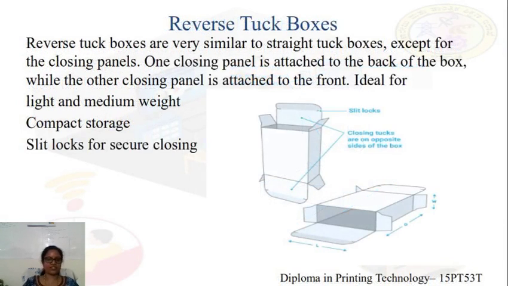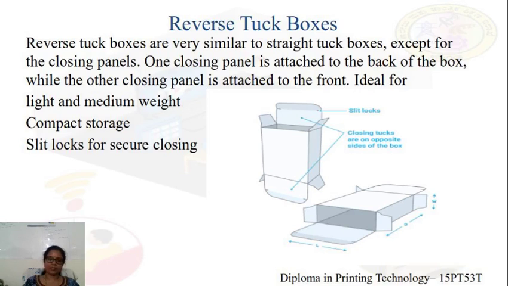Reverse tuck boxes. The reverse tuck boxes are very similar to that of straight tuck boxes, except for the closing panels. Let us closely observe why this is called reverse tuck boxes.